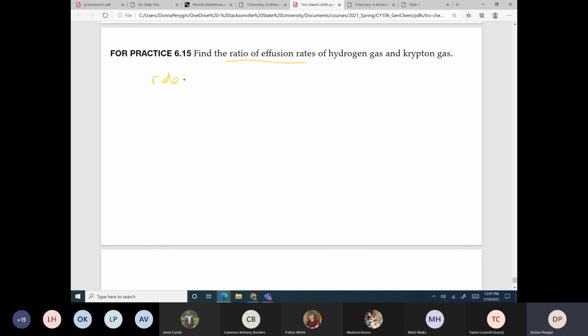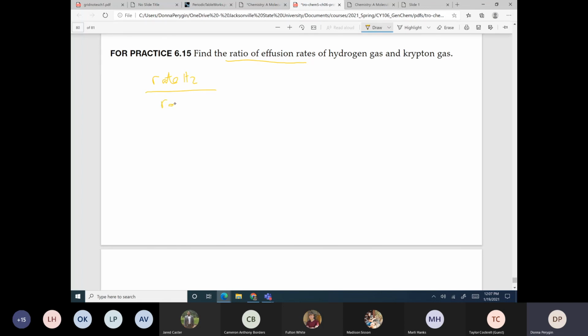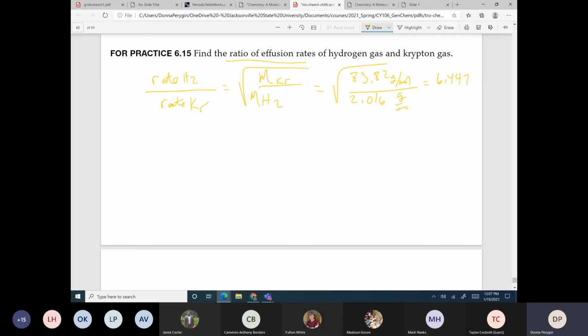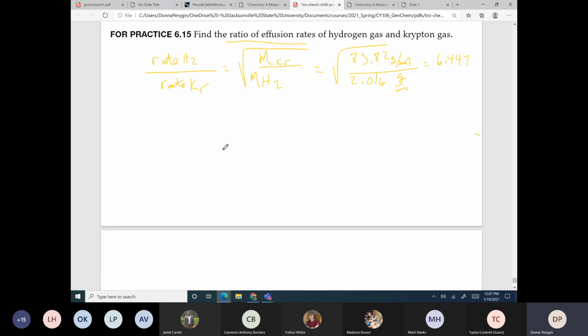Because remember, the rate of H2 to the rate of krypton is equal to the square root of the molar mass of krypton to the molar mass of H2, which is equal to the square root of 83.82 grams per mole divided by 2.016 grams per mole for H2, which is equal to 6.447. So the ratio of the rates is 6.447. So H2 effuses about 6 times as fast as krypton because it's lighter.